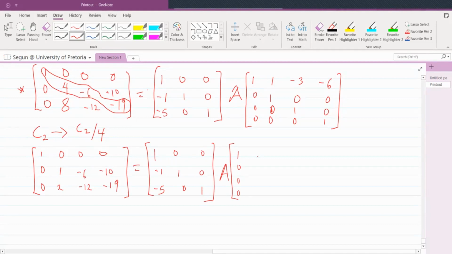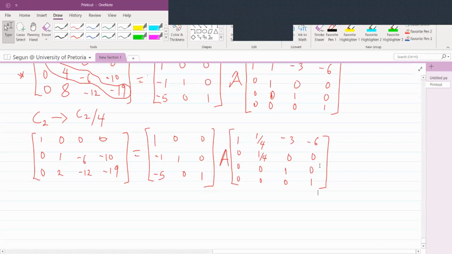This particular one is C2 divided by 4, meaning 1 divided by 4, then 1 divided by 4, 0, 0. This will be minus 3, 0, 1, 0. This is minus 6, 0, 0, 1.